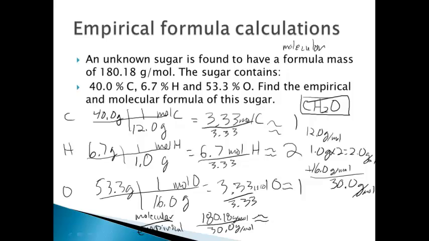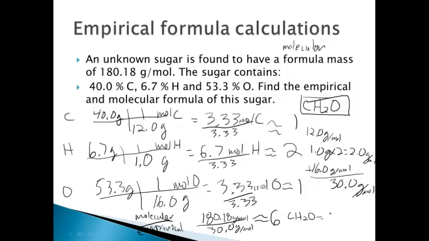This is going to give you approximately a whole number. It's going to do it every time, if you're doing it correctly. So I'm going to take 180.18 divided by 30, and this gives me approximately 6. So how you find your molecular formula is you take the formula you have for empirical, and this 6 is going to multiply all the subscripts.